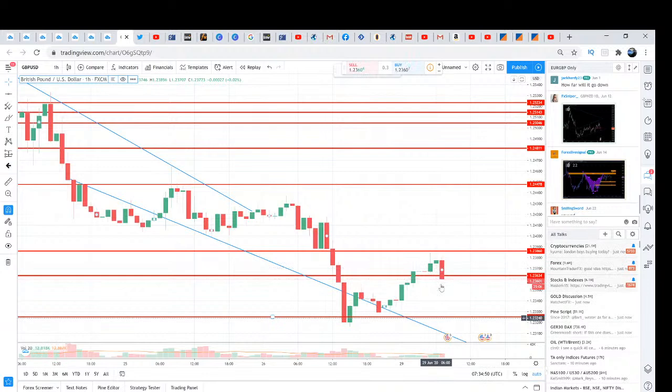Yeah, it could potentially come down to here around the zone area. So decide when you want to take profit and all that good stuff, for people who took my trade earlier.